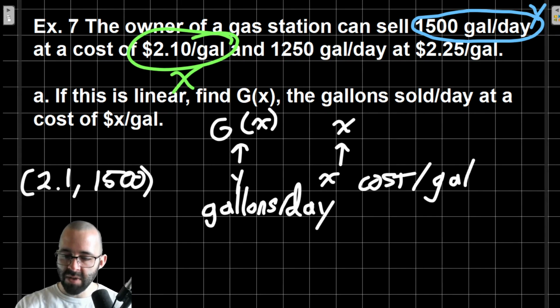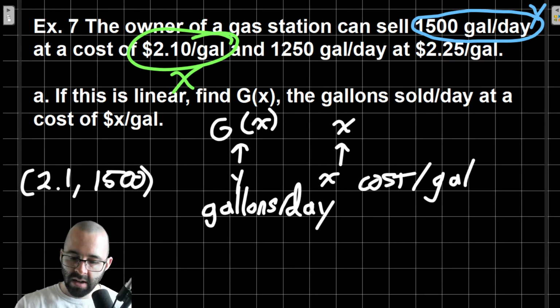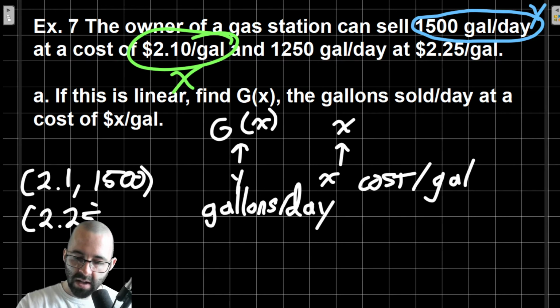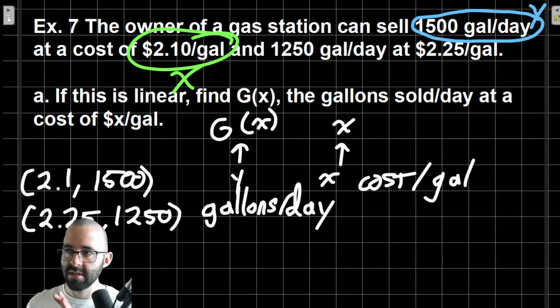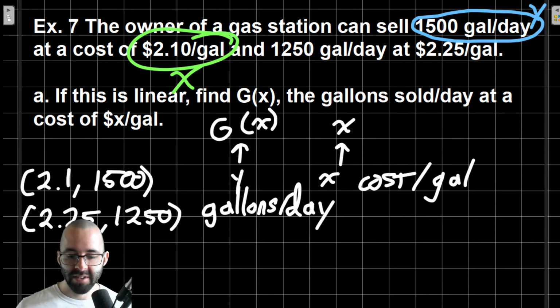And now we do the same thing with the other pair right here. Okay? Well, when it's 2.25, then they can sell 1,250. And I just want to pause real quick. Notice, if we charge more, look at these points down here.